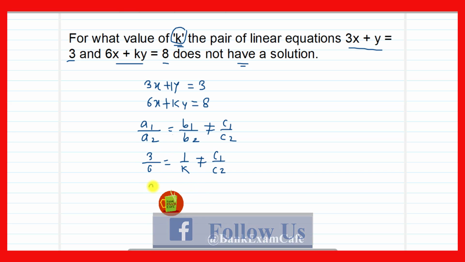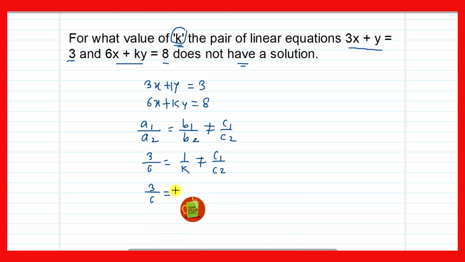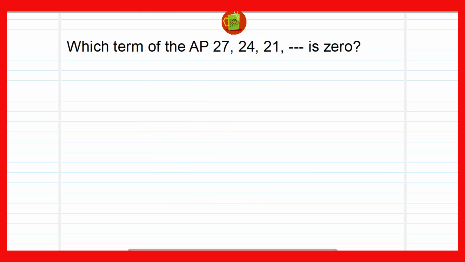So 3 upon 6 is equal to 1 upon k. So 3 1s are 3, 3 2s are 6, and therefore k is equal to 2. So here we have got the value of k as 2. So we can say that for k equal to 2, the given pair of linear equations will not have a solution. See the next question.